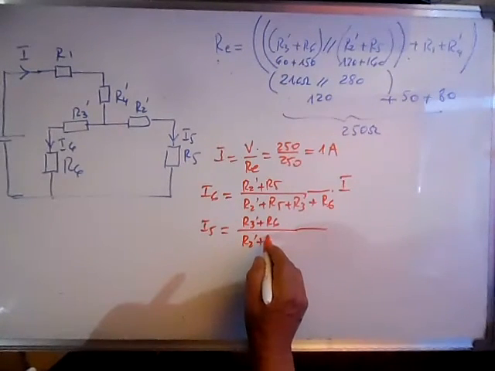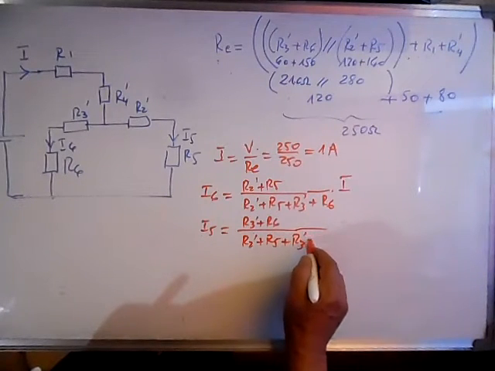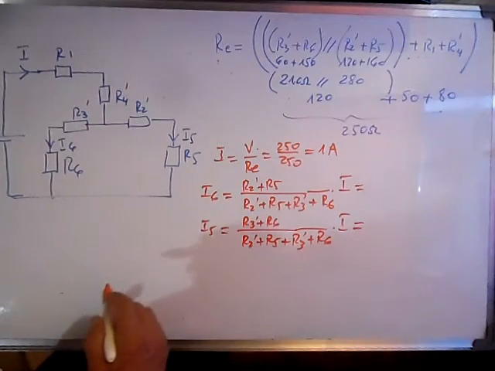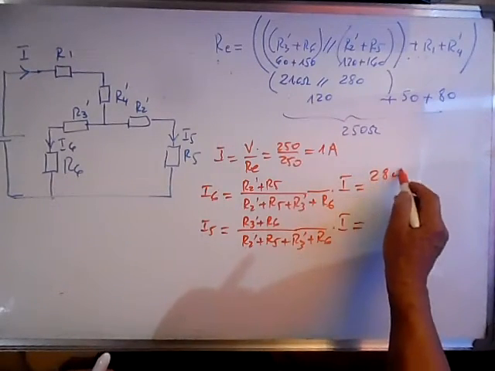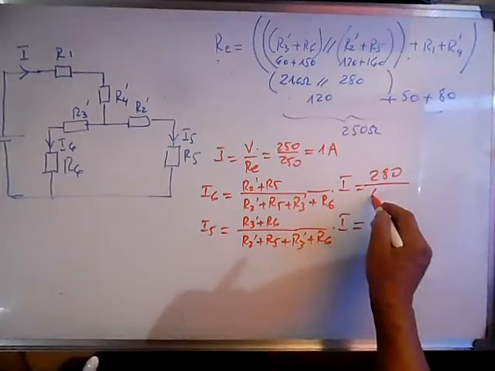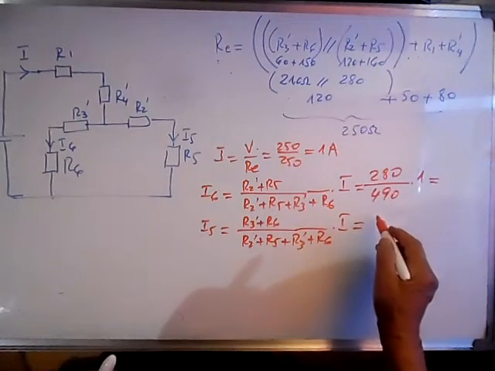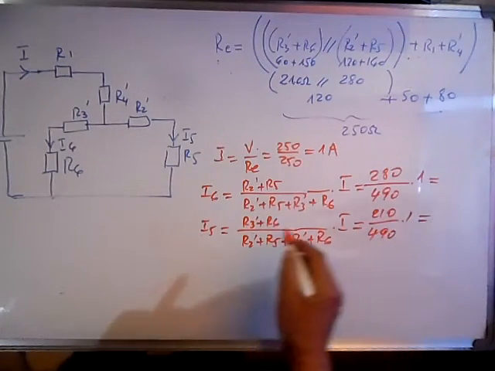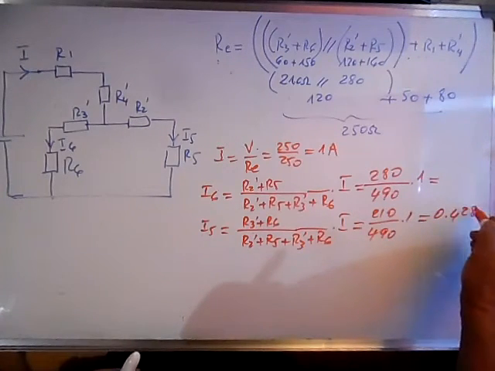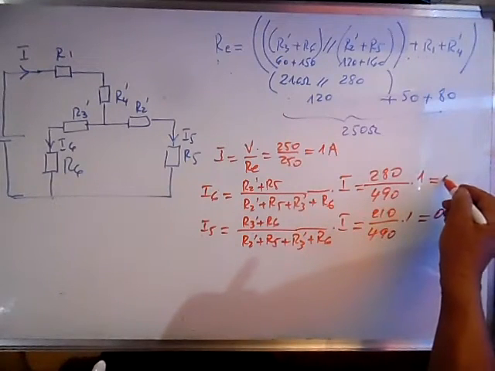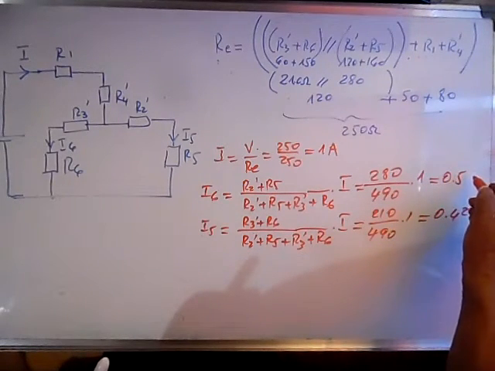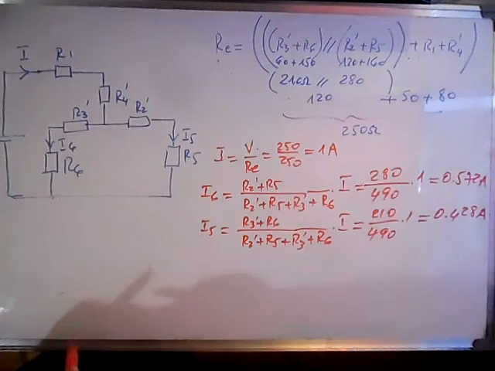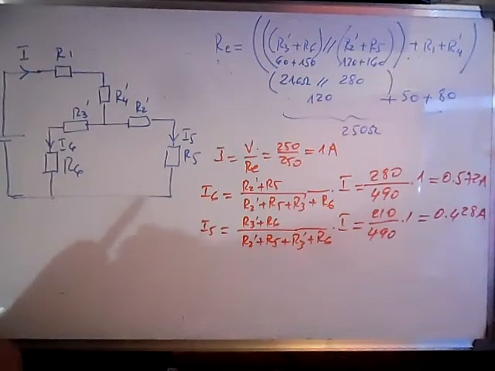R2 prime plus R5 plus R3 prime plus R6, times I. And this will give us 280 over 490 times 1, and here it's 210 divided by 490 times 1, which will give us 0.428, and here 0.572 amps.